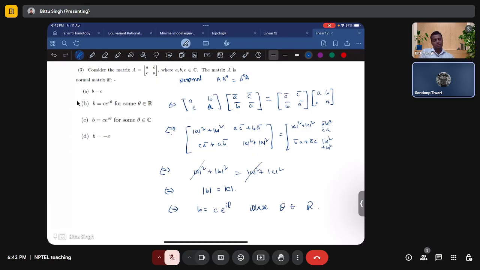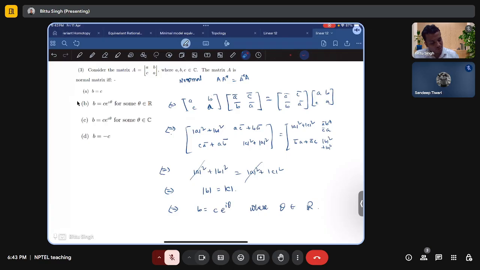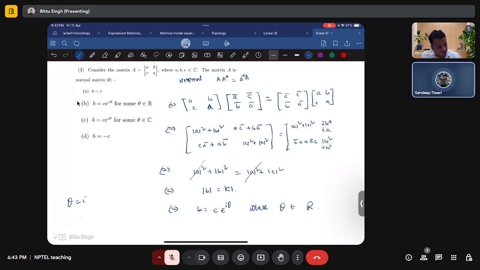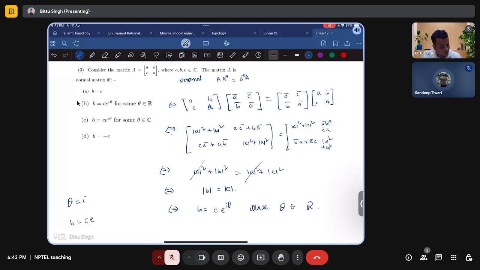Yes, sir. So this is not true because, for example, if you choose theta equal to i, then you can see that it will become real, and it will be 1 by e. The modulus will be 1 by e times. B will become C to the power i times i, that is C by e to the power minus 1, that is C by e.